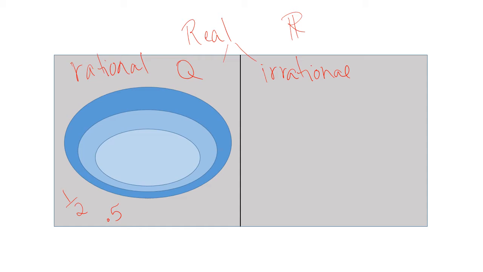Most commonly irrational are going to be square roots of non-perfect squares. So the square root of 9 would not be irrational because the square root of 9 is 3, which makes it rational. The square root of 2 or the square root of 3 or the square root of 5, those would be irrational. If you put them in your calculator, you will get a decimal that continues on and on.